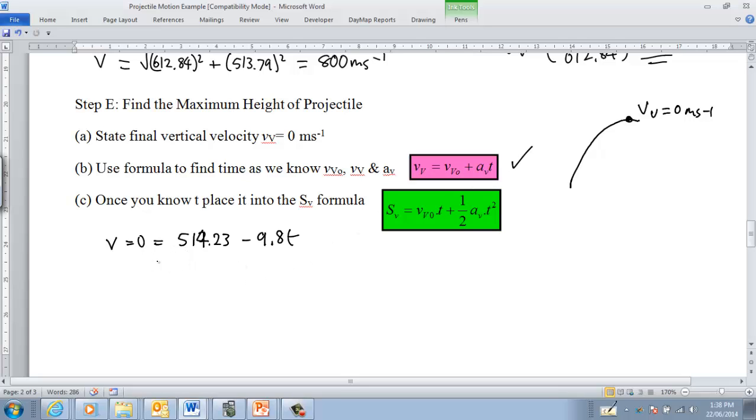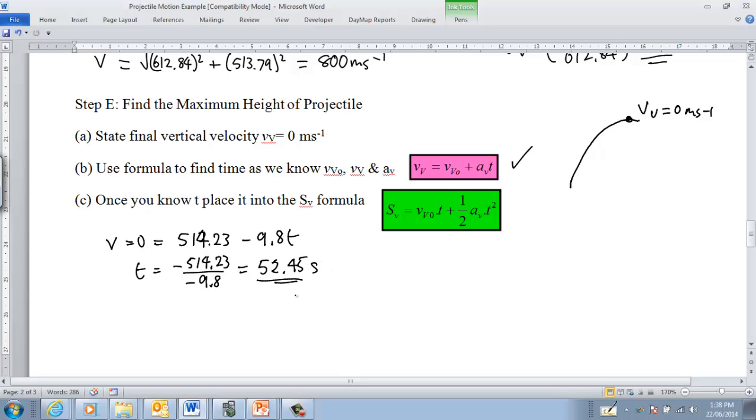And so therefore, if we do that, our t should be equal to negative 514.23 divided by negative 9.8, and that should give us an answer of, well, sorry, it's 104, so it should be 52.45 seconds.